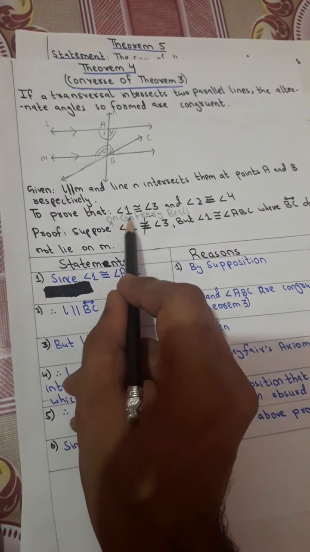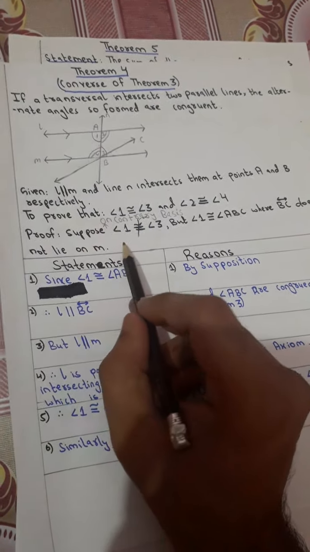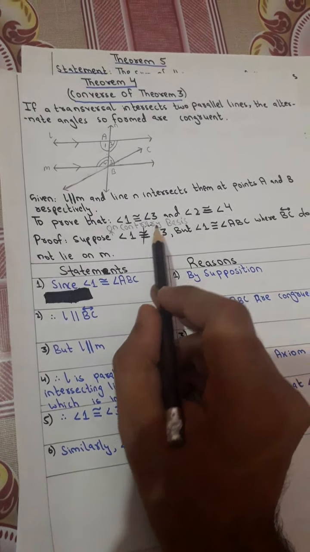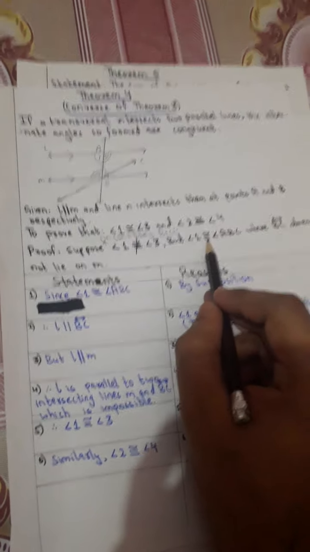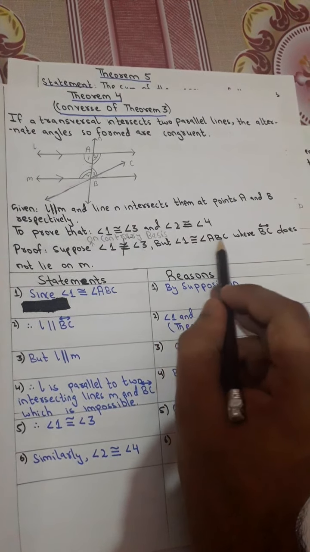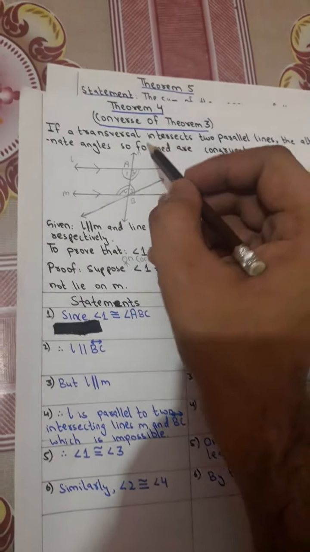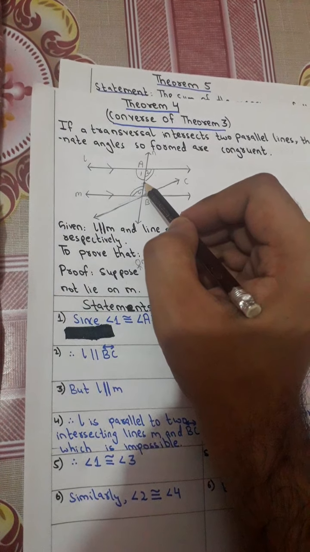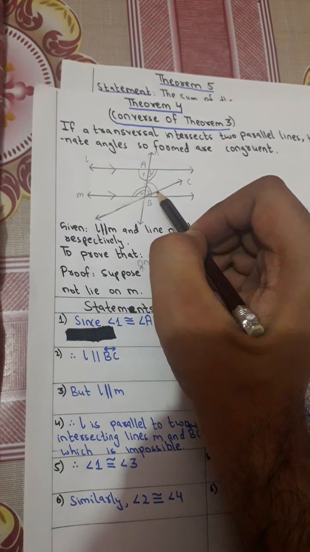and angle 2 is congruent to angle 4. Proof. On contrary basis, suppose angle 1 does not have equal measurement to angle 3, but angle 1 is congruent to angle ABC. From the figure, this is A, this is B, and this is C, so angle ABC is only that part.